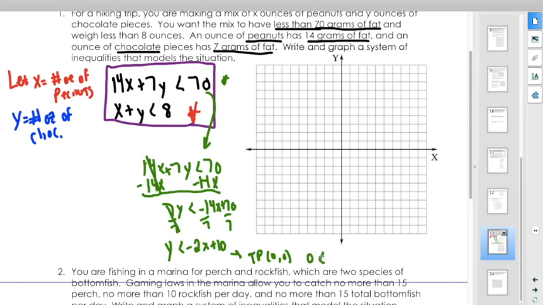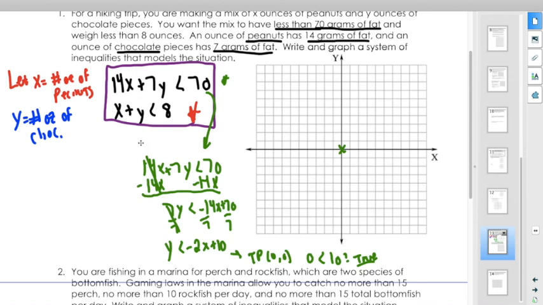Is 0 less than negative 2 times 0, and anything times 0 is 0, so 0, and then I still have plus 10. So is 0 less than 10? Absolutely is. True. That means we're going to shade towards my test point of (0, 0). Let's make my x right here. I'm going to shade towards that.